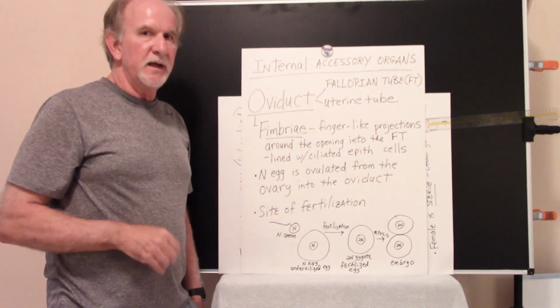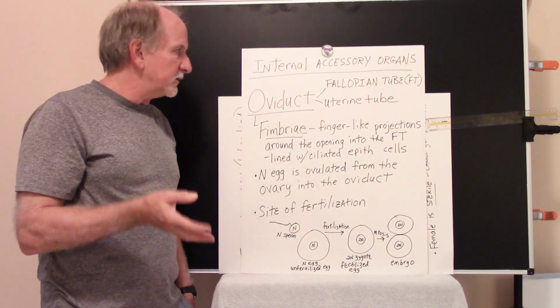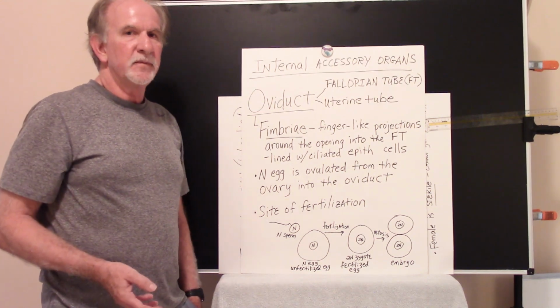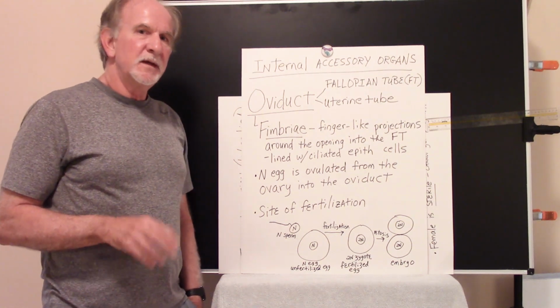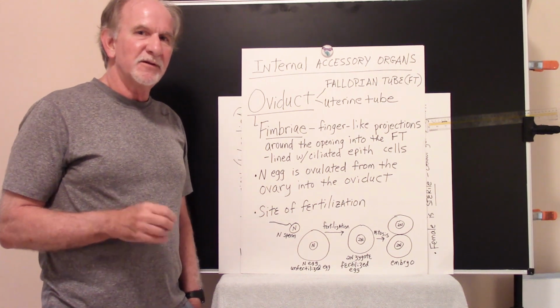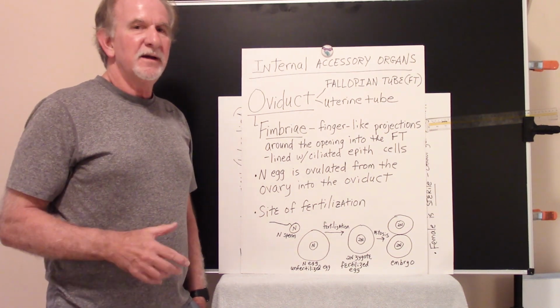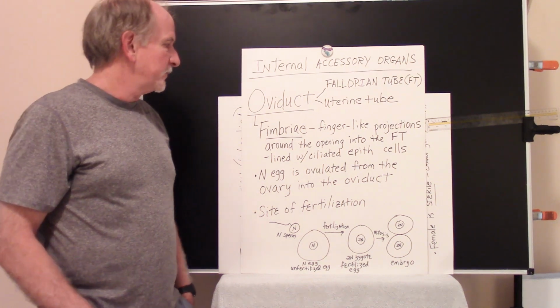Any one of those three names would be okay with me. So you can use oviduct, fallopian tube, or uterine tube. A lot of folks call it the fallopian tube. That's actually a name after an Italian anatomist called Fallopius, who did work, I don't know, hundreds of years ago.